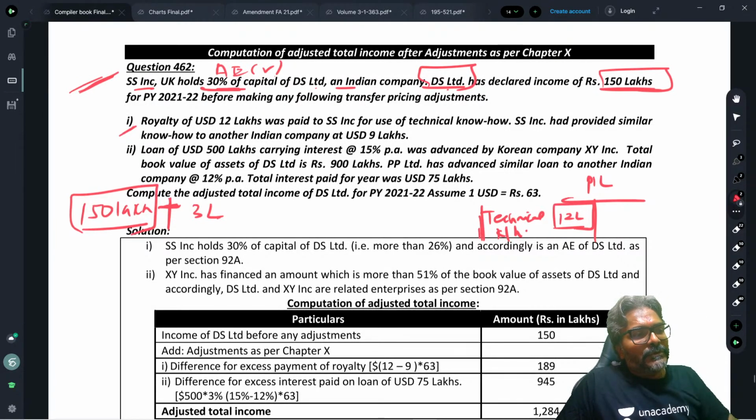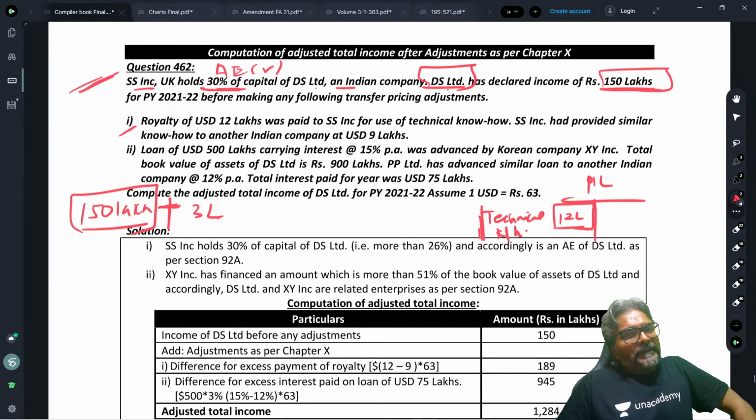Let's have a look at the second one, friends. Loan of US dollar 500 lakhs carrying interest at 15% per annum was advanced by Korean company XYZ Inc. Total book value of assets of DS Limited is rupees 900 lakhs. PP Limited has advanced similar loans to another entity at 12% per annum.